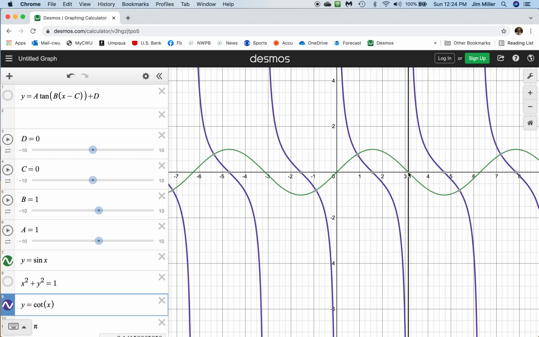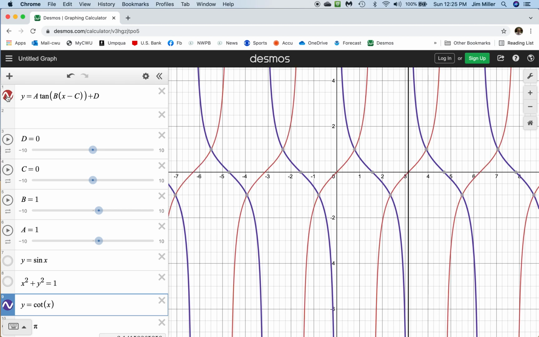You see when the sine is 0, there'd be an asymptote. That's because cotangent is cosine over sine. If the denominator is 0, we have an asymptote. You also notice, let's get the sine out of there.